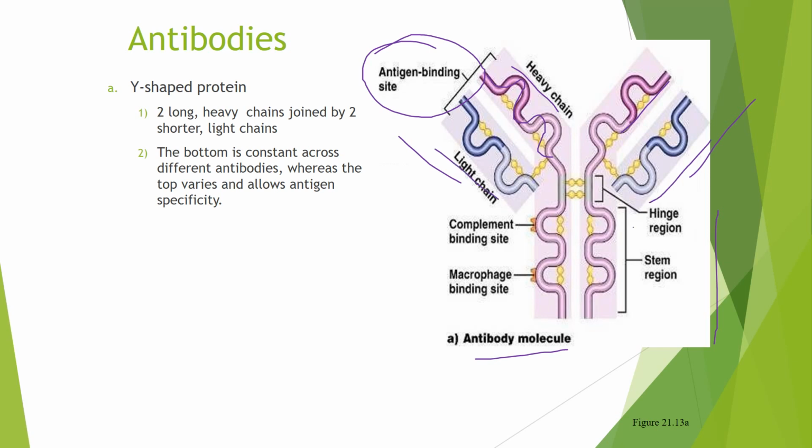Okay, the bottom here is going to have the same structure with all antibodies, and it's up here at the top of the Y that will determine what antigen that antibody will bind to.